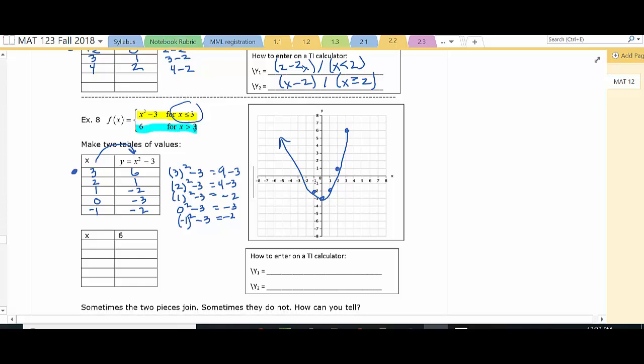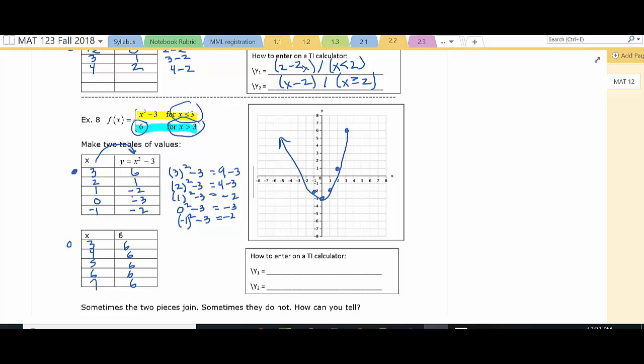Okay, now the next piece is this. The kind of numbers you're going to use for x is you're going to start with 3. Is that open or closed? Open. Then you pick numbers bigger than 3. And you don't even have to pick all these, you just have to know what this looks like. Well, there's nothing to plug in. Y is always 6, so that's called a constant function. Okay, so we're going to plot these points then.